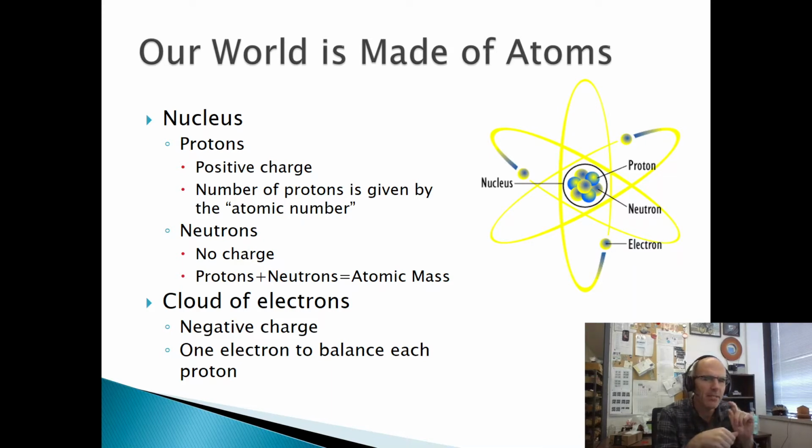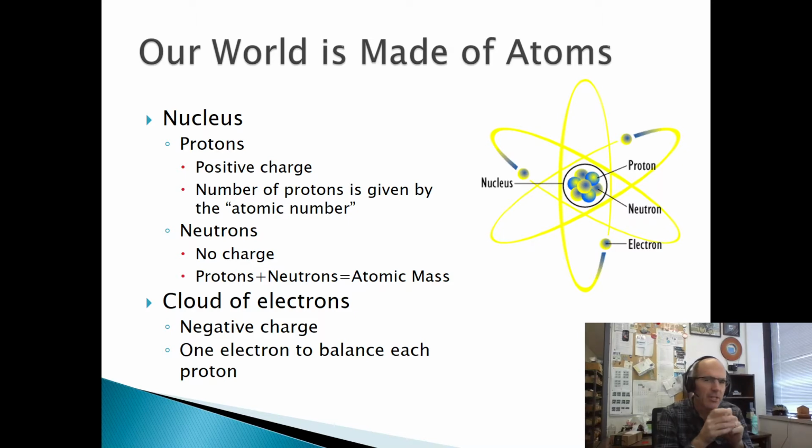But in some cases, not quite. We'll take a look at that in just a moment and some of the things that nature does to balance that out. So we also have neutrons sitting in there, and neutrons add to the mass of the atom, but they don't actually affect the electrical interaction between the protons and the electrons because neutrons have no charge.